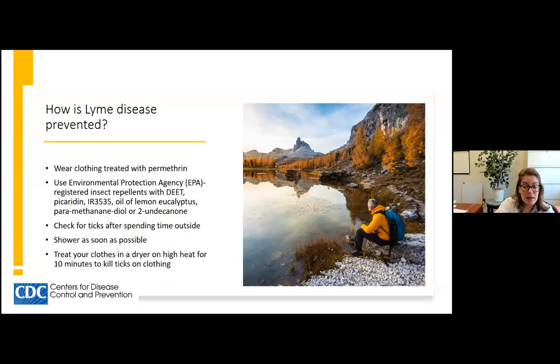Importantly, I think the most important take-homes of the talk are how to prevent Lyme disease. So as I mentioned, Lyme disease comes from the bite of a tick, and the prevention of Lyme disease is really preventing tick bites. So you can actually buy and wear clothing that's treated with permethrin, which helps reduce the incidence of a tick bite.